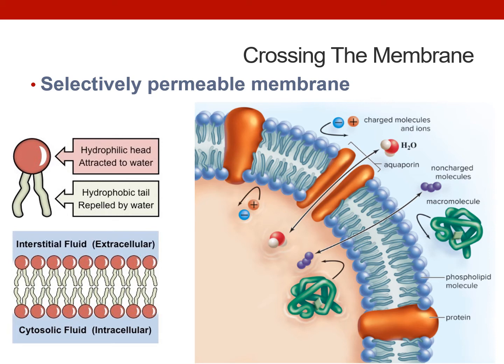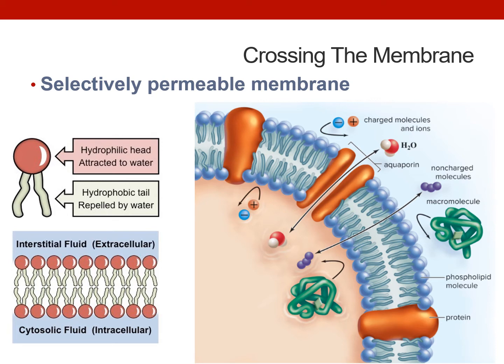Charged molecules and ions are repelled by the negatively charged hydrophilic head of the phospholipid when trying to enter or exit the cell, so they must cross through carrier proteins to avoid the negative charge of the membrane. Water molecules enter and exit through protein channels called aquaporins.